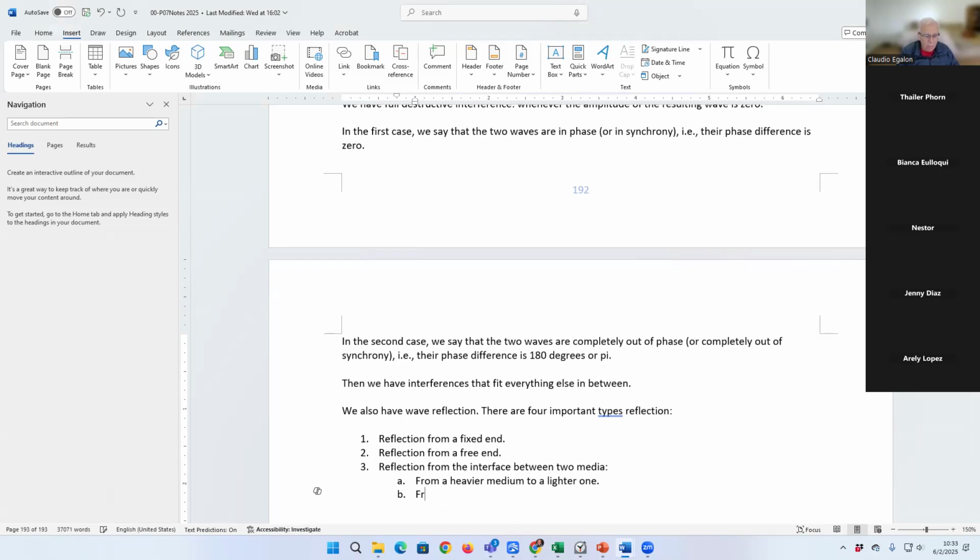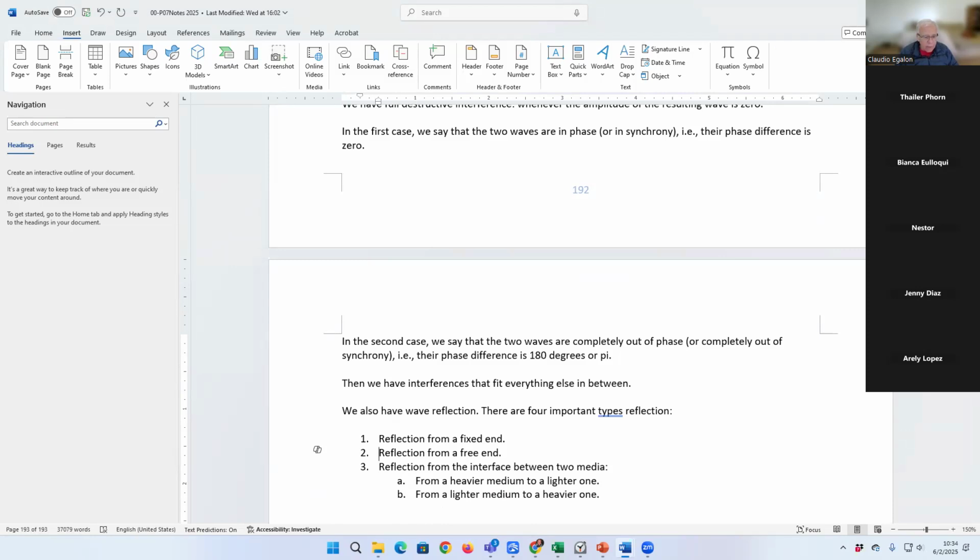Okay, from a lighter medium to a heavier one. Okay, so 4 different types of reflection. You're going to see what I mean. And this has very important consequences when we deal with wave optics.